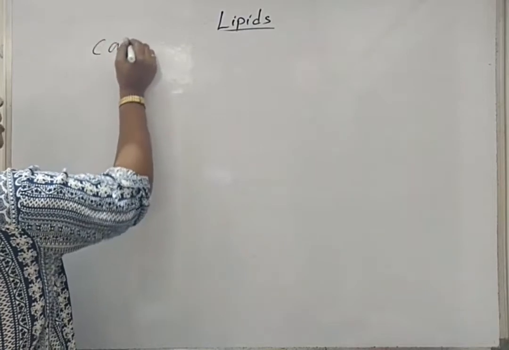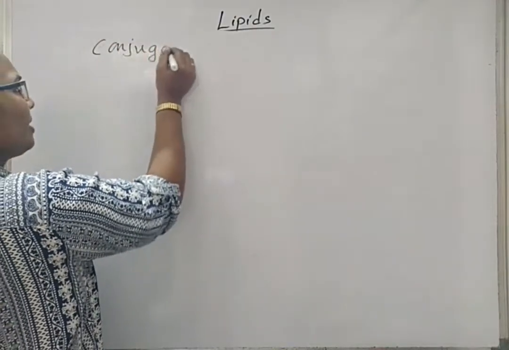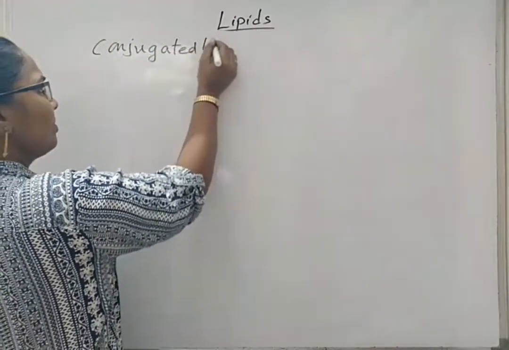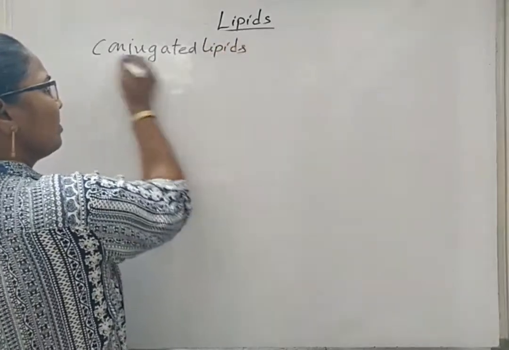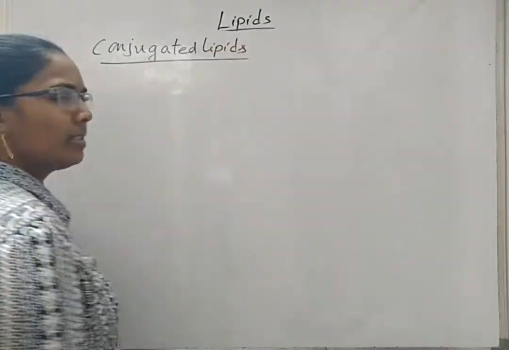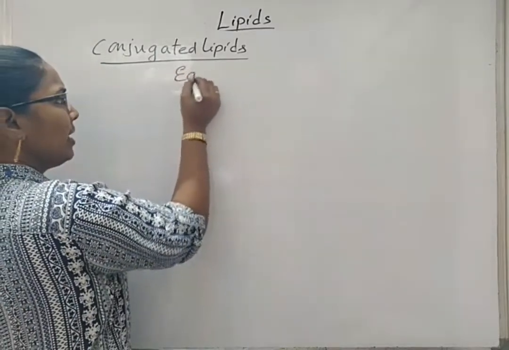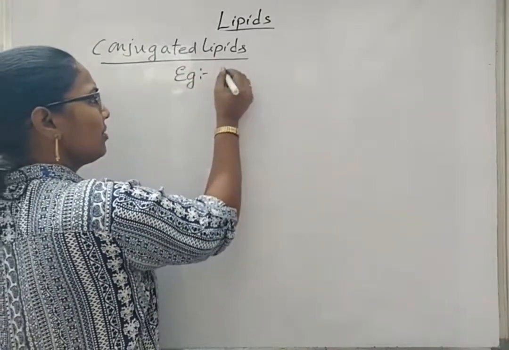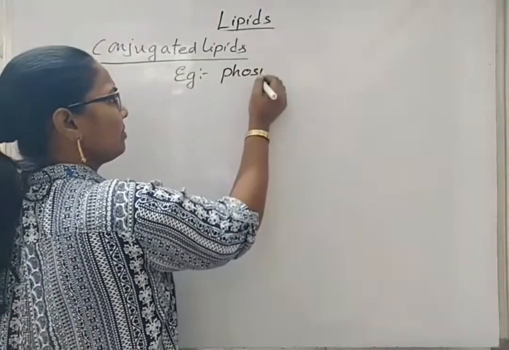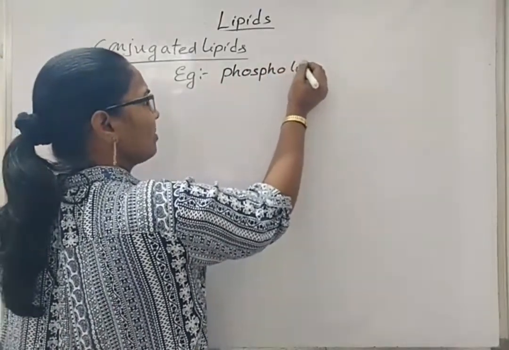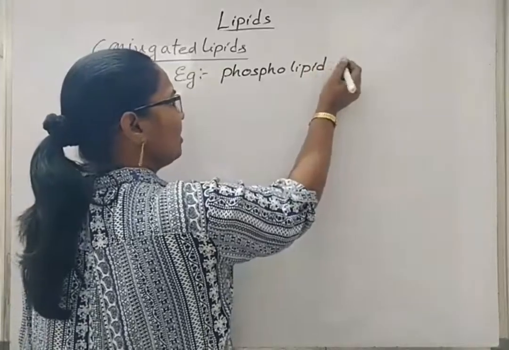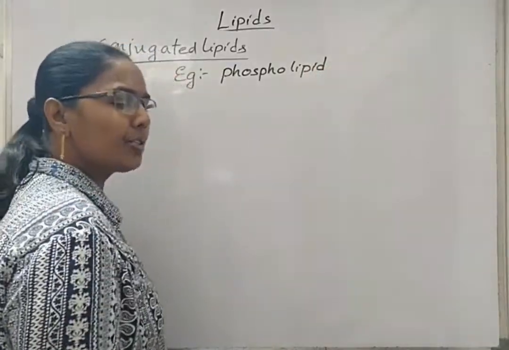Next we will see conjugated lipids. Previously we have seen some examples. The first example under conjugated lipids is phospholipids, meaning lipids that are combined with phosphate molecules.